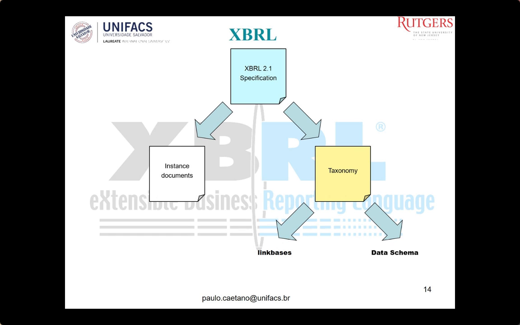So the taxonomy has a schema and a linkbase. We create the taxonomy with the definition of XBRL 2.1, which is the current version of the specification. An instance document is based on this specification and on the taxonomy.